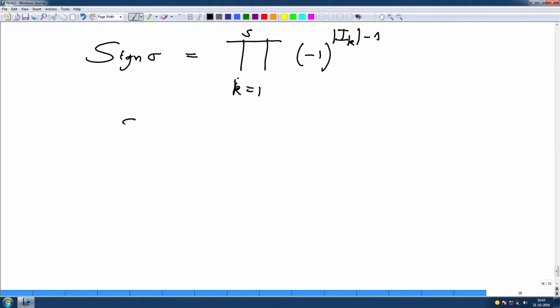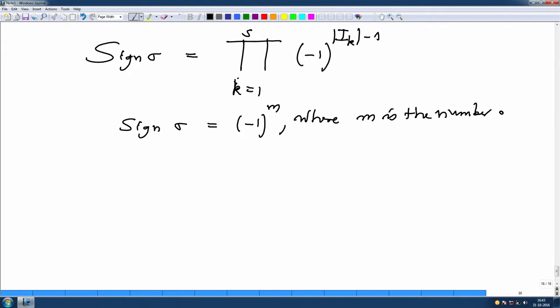So, sign of sigma equals minus 1 power m, where m is the number of equivalence classes of cardinality even, because if an equivalence class has cardinality odd, this becomes even and it does not contribute anything. So, that is the formula.